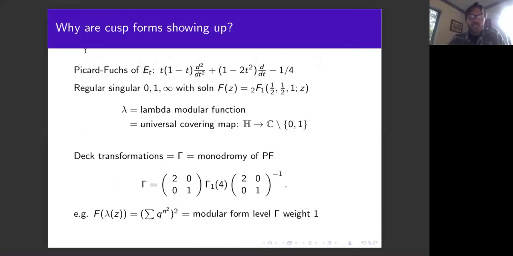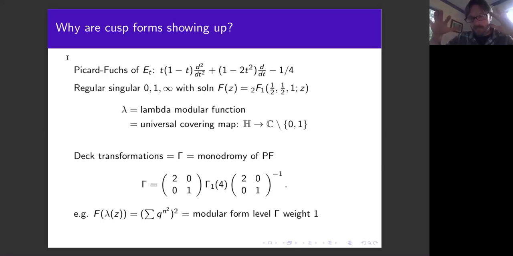And so now I want to spend the rest of the time talking about why cusp forms are showing up. But I want to warn you. My warning is that I'm now going to be talking about how Dwork's cohomology theory is related to cusp forms.